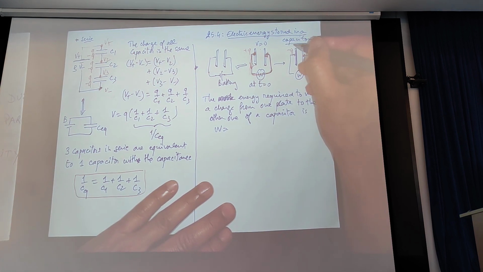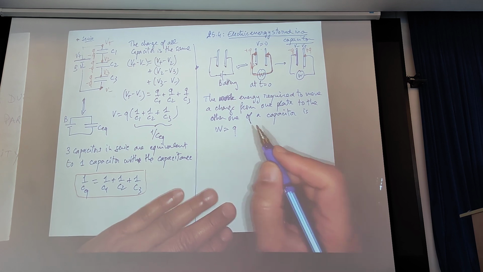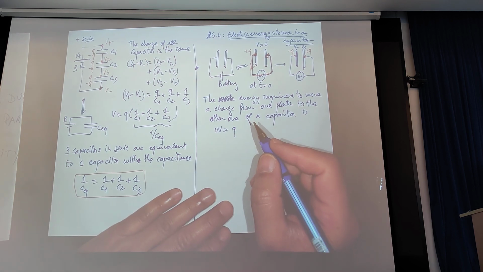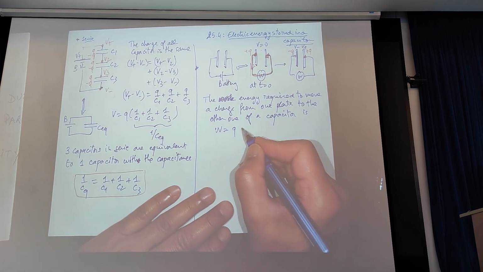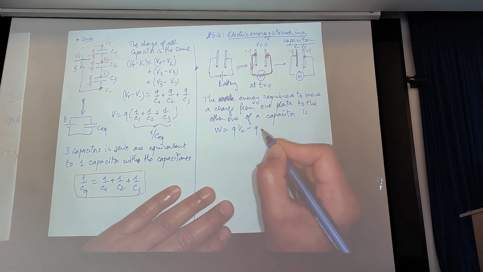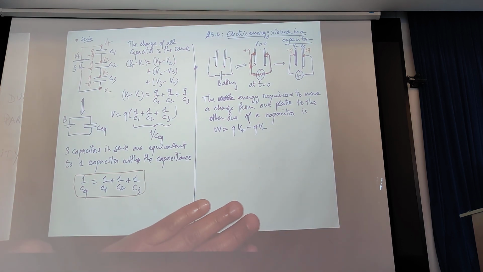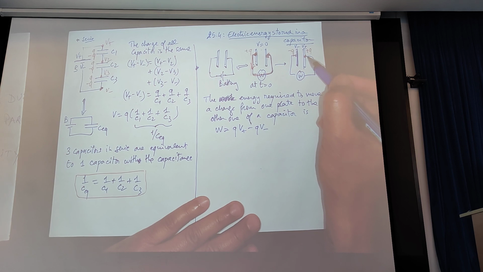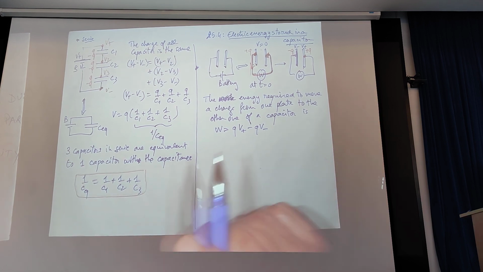We have, of course, minus plus. It's, as I said before in the previous chapter, the energy of the charge at the potential V plus minus the energy of the charge at the potential V1.